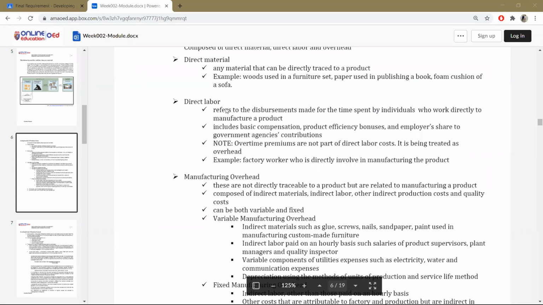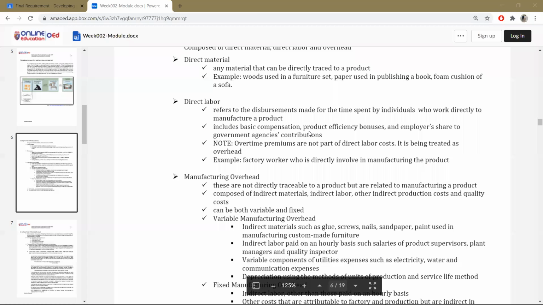Direct labor. So next is direct labor. It refers to the disbursements made for the time spent by individuals who work directly to manufacture a product. Those paid to make the table, that's part of direct labor.